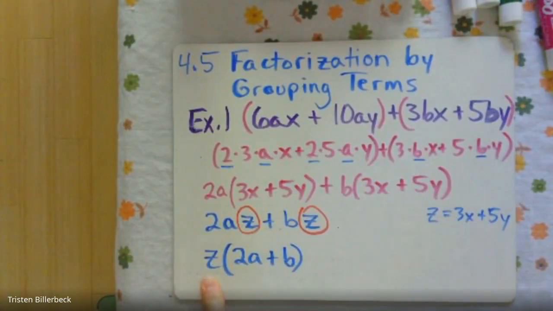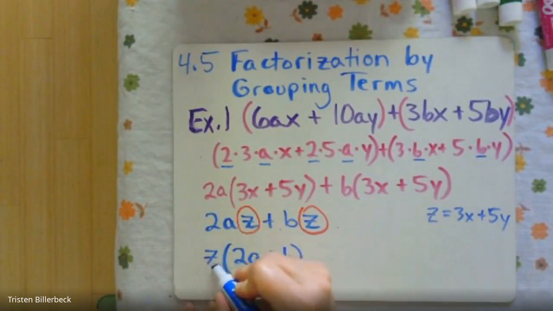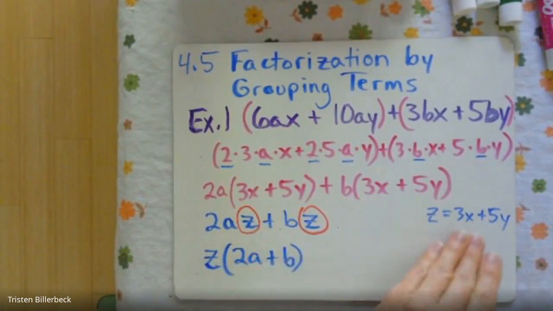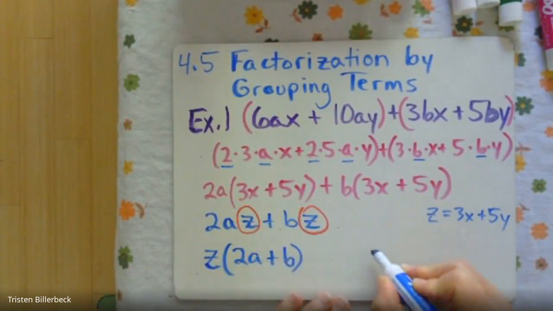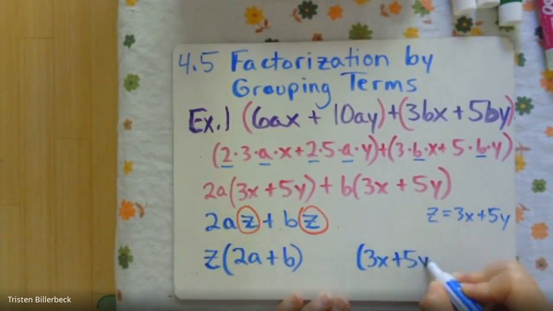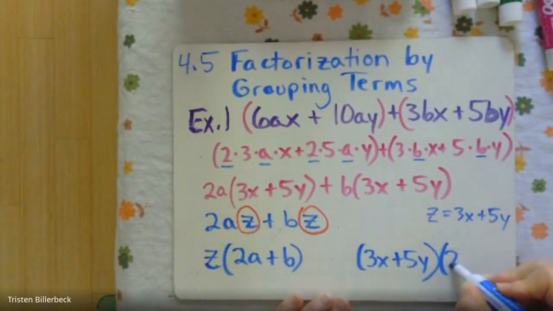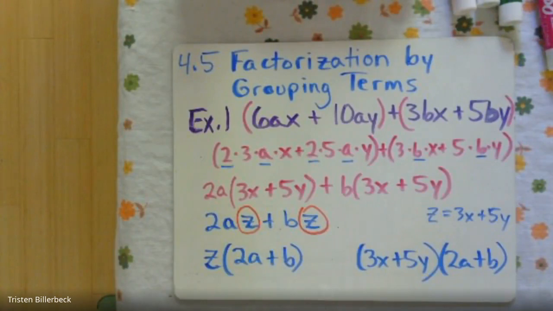We know what z is. We just couldn't look at it. It looked too complicated. So really the z is this. So this actually is 3x plus 5y times 2a plus b. Isn't that interesting? Well, that's very complicated, but this is the answer.